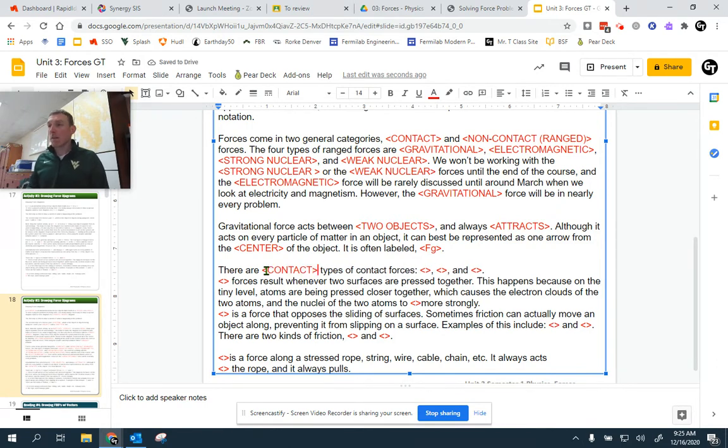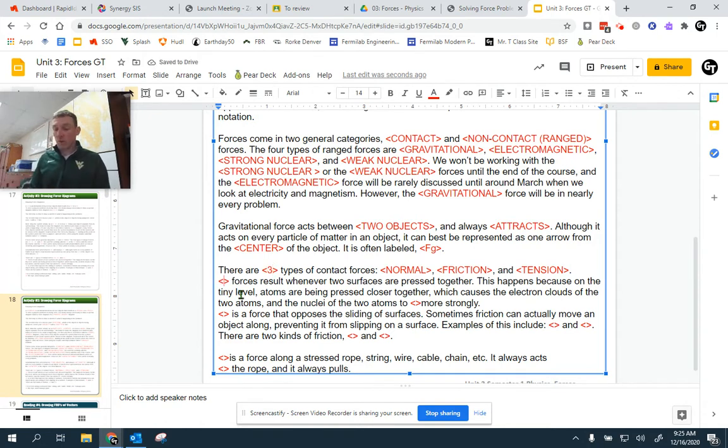Now there are contact forces. There are 3 types of contact forces: the normal, friction, and tension. I said 4, meant 3, sorry.